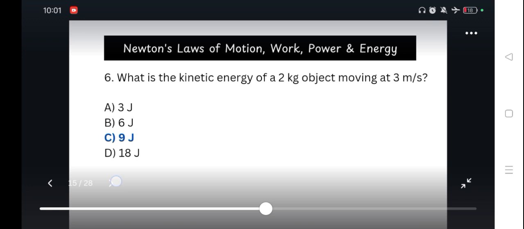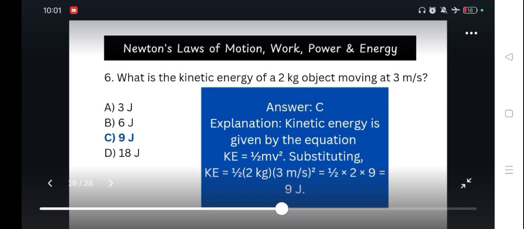Why is it 9 joule? So you have here the equation for kinetic energy as KE is equal to 1/2 mv squared, or simply mv squared divided by 2. So using the formula, we substitute the given: 1/2, then mass 2 kilogram, and the velocity, which is 3 meter per second.